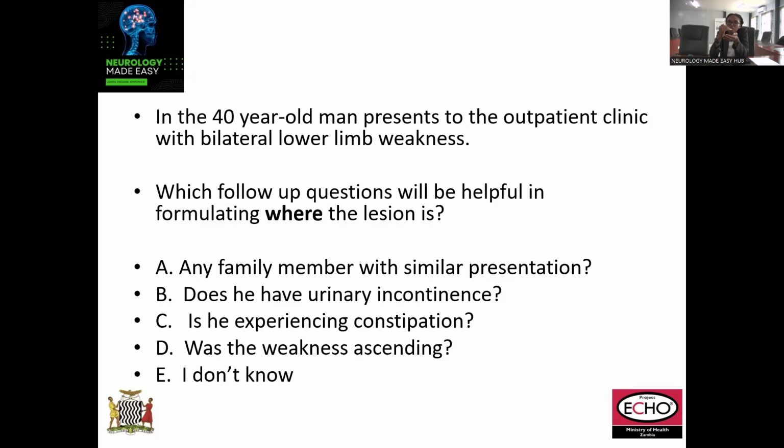And so if there's an impairment in the spinal cord, usually these fibers are going to be impacted. And so you have someone who's got bilateral lower limb weakness. If they are presenting with difficulties passing urine or urinary incontinence, or they're having constipation, they're not able to feel their bowel movements, then in that sense, we know that this is localizing to the spinal cord.